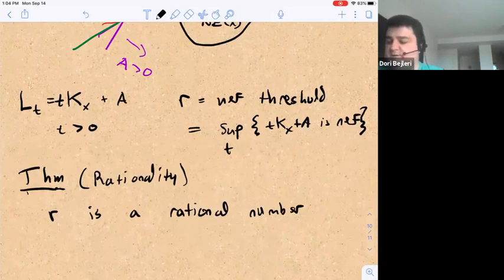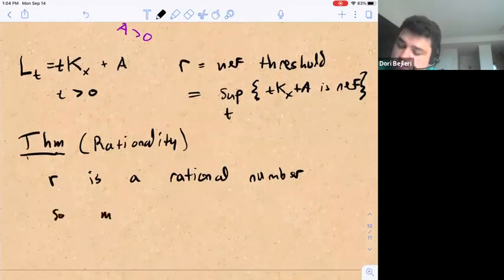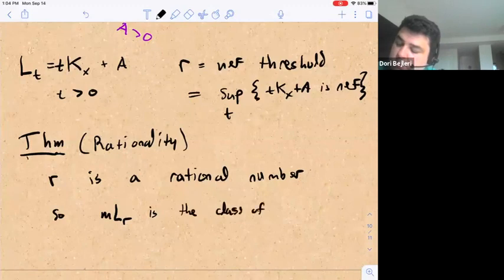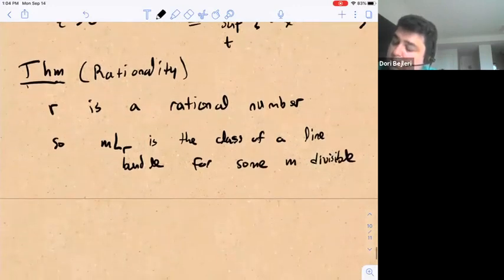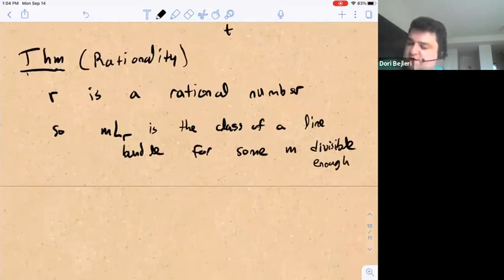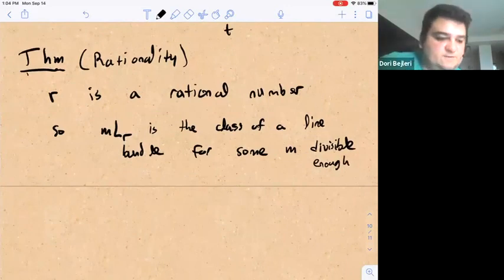Our linear series will be the linear series corresponding to some large multiple of L_r, which is actually a line bundle. That's the first really important theorem. And like I said, we'll prove this in higher dimensions, so I won't do the special case of surfaces now.